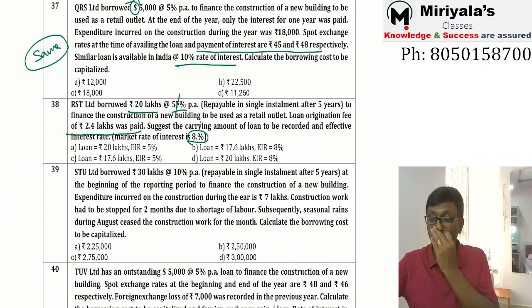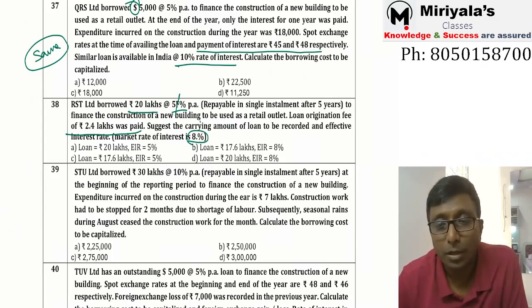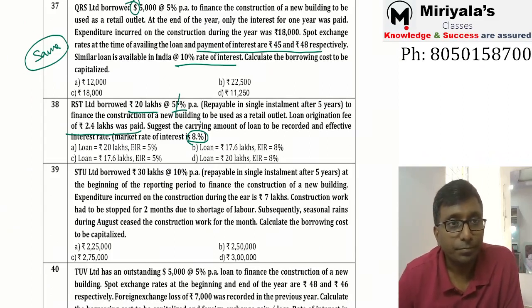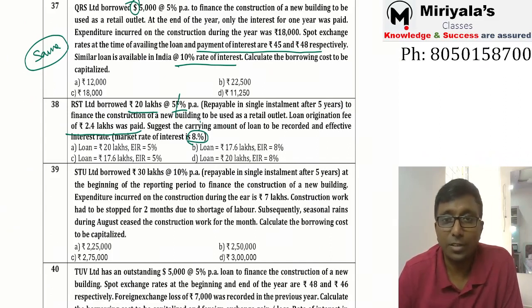Tell me, my dear, what should I do? Look at it carefully. RST Limited borrowed 20 lakh rupees at 5 percent per annum. You're supposed to repay after the 5 years.